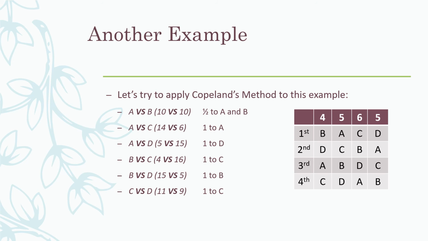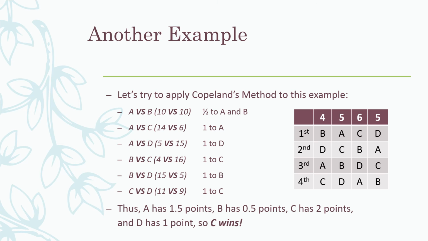And finally, C versus D, well, the second and third column both say that C was better, but the first and fourth say that D was better.